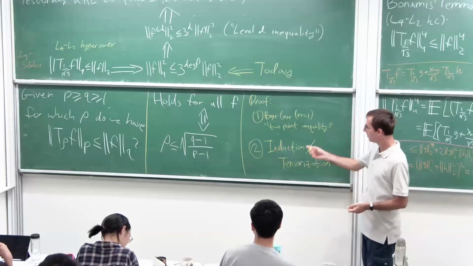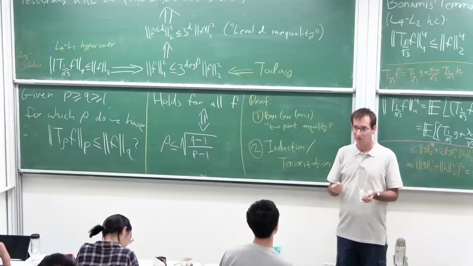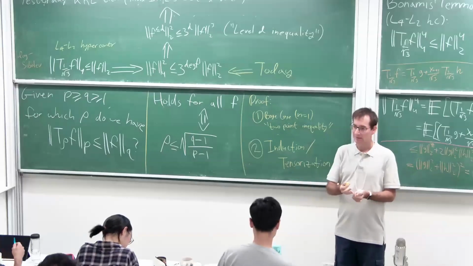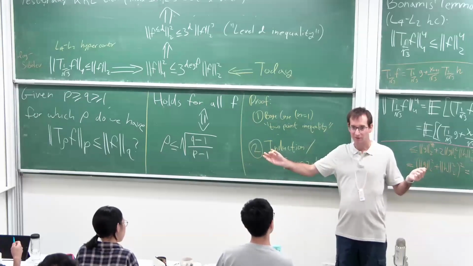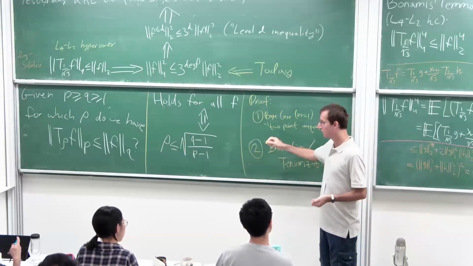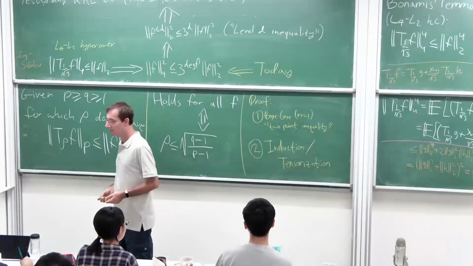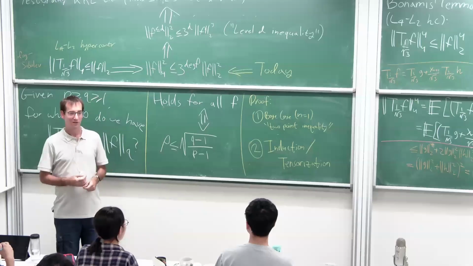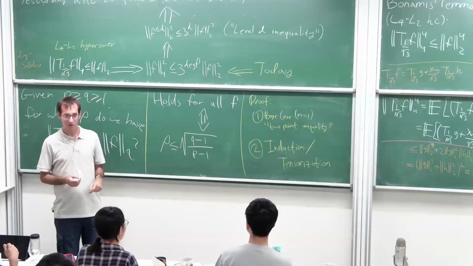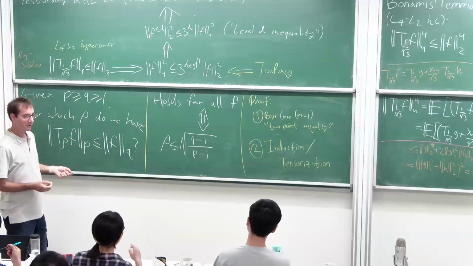And hypercontractivity is some property which tensorizes. So if you know it for some domain, then it will also be true for their tensor product. So there's a general tensorization argument, which is a bit confusing, so I won't do it here, but Ryan O'Donnell found the right way to do it so that it's less confusing, using a two-function version of this hypercontractivity. Yeah, so that's how you prove the general statement.